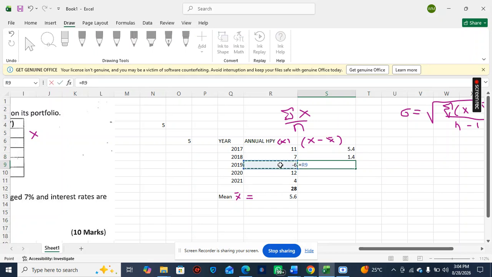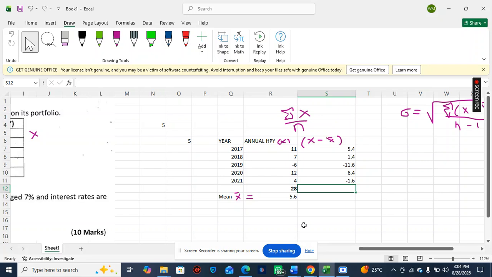This negative 6, how far is it from the average? Negative 6 minus 5.6, negative 11.6 units. You're just saying how far each return is from the average. This return of 12 is 6.4 units away from the average. This 4, minus 5.6, negative 1.6 units away from the average.